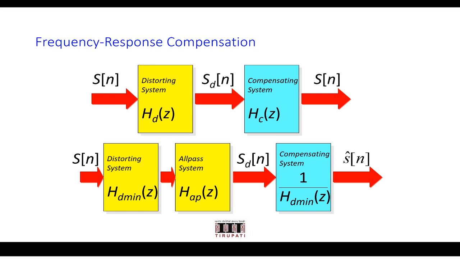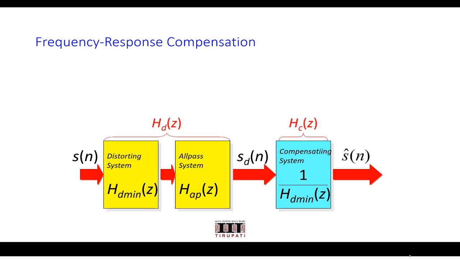So this is one of the very important applications where you could get the same magnitude response, provided you are able to model the distorting system with H_D of z. You find out the minimum phase part and then take the inverse of it to get back. So that's your H_D of z and H_C of z. The entire system transfer function is now H_D of z times H_C of z, right?